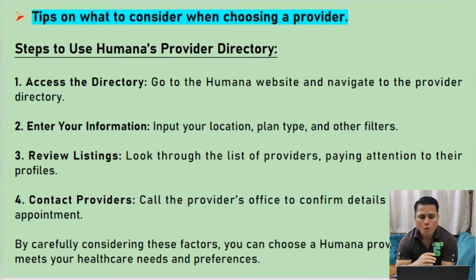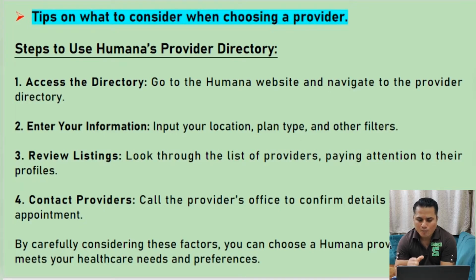All right, so those are tips on what to consider when choosing a provider. Now, here are steps to use Humana's provider directory. Number one, access the directory. Go on the Humana website and navigate to the provider directory. Number two, enter your information. Input your location, plan type, and other filters. Number three, review listings.